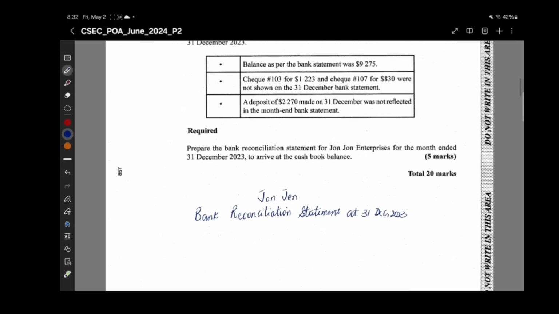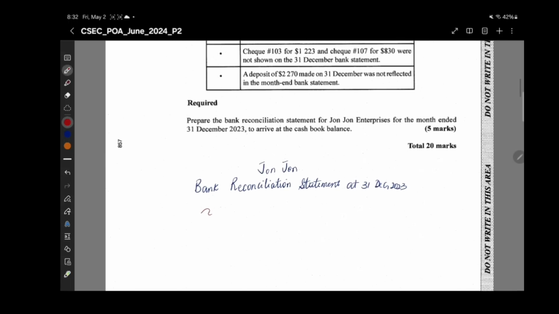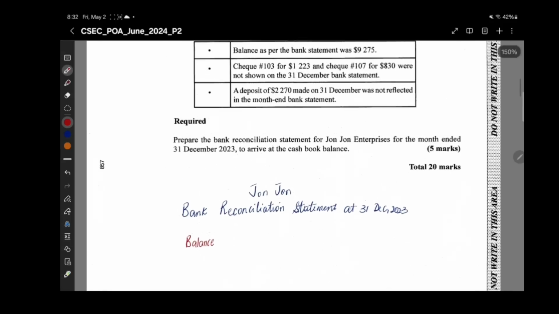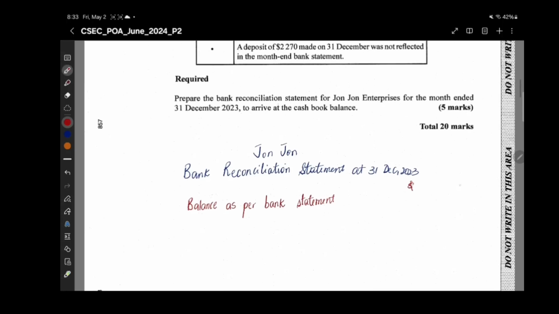So let's start with our bank statement balance. Balance as per bank statement. Let me use a different color. We're going to put two columns.